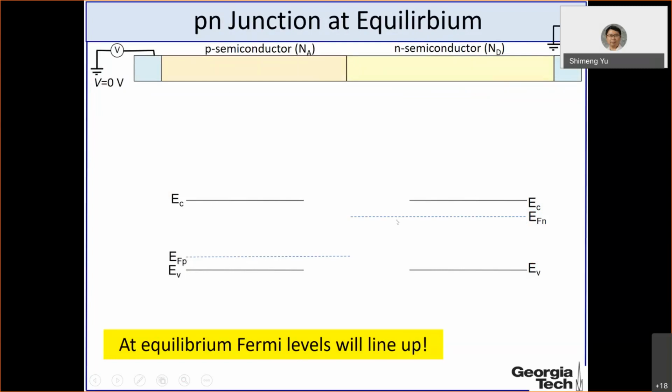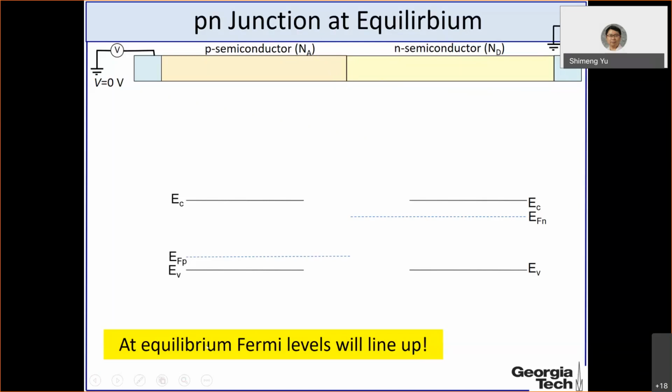So this is when those two semiconductors are, let's say, far away from each other. They are not interfaced like in the PN junction. If you have an individual p-type, it's like this. If you have an individual n-type, it's like this. But now in the PN junction, they interface with each other. So they are actually one system.